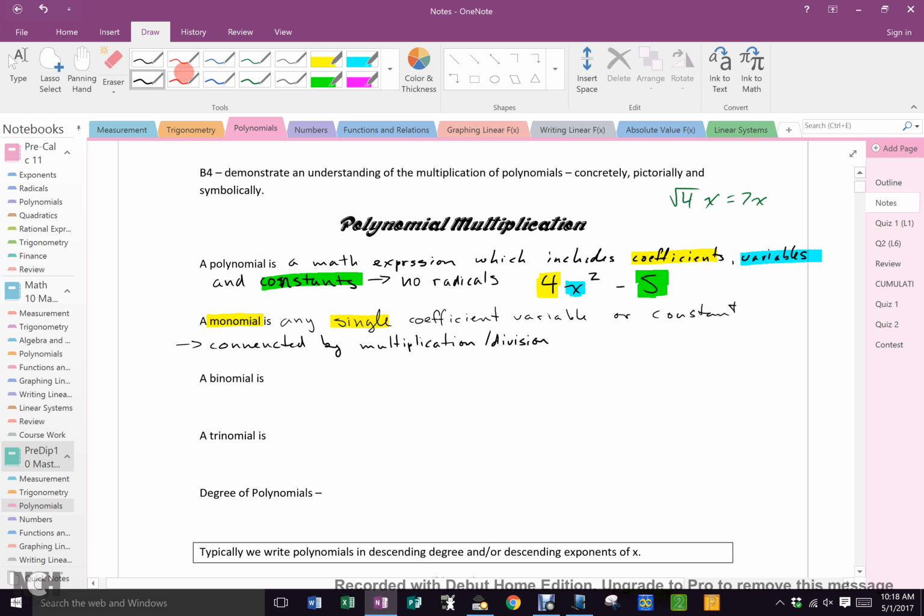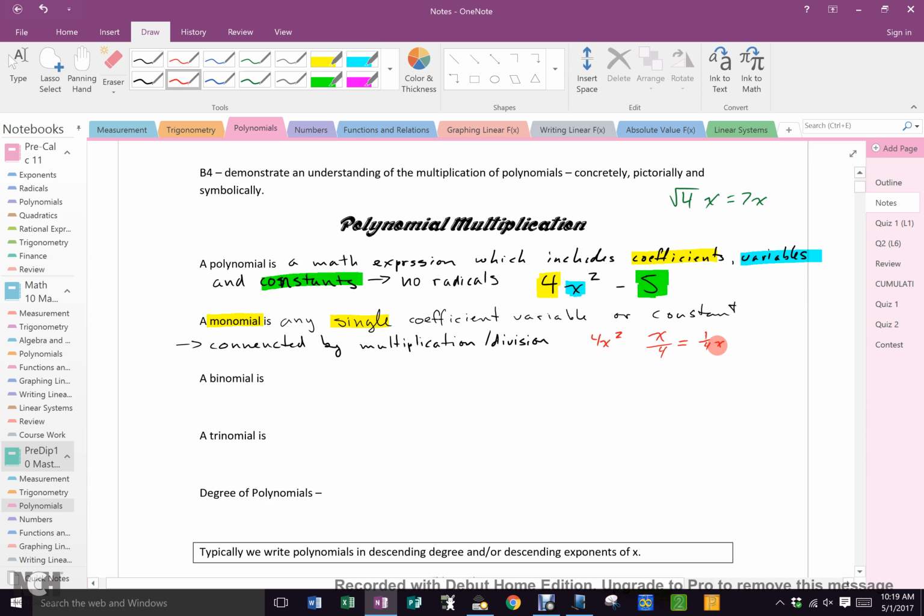What do I mean by that? This, 4x squared. That is a monomial. Why? Because it's got a coefficient and a variable, and it's connected by multiplication. Cool? X over 4. Monomial, because that's really 1/4 times x. Multiplication.